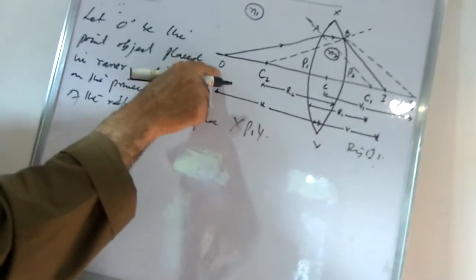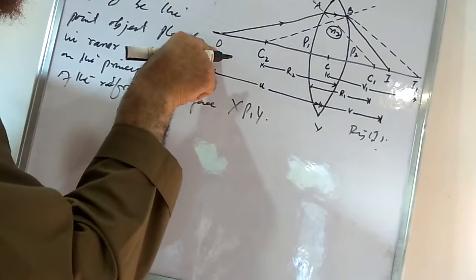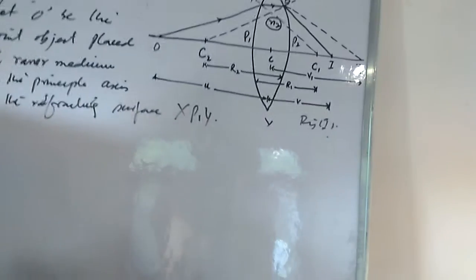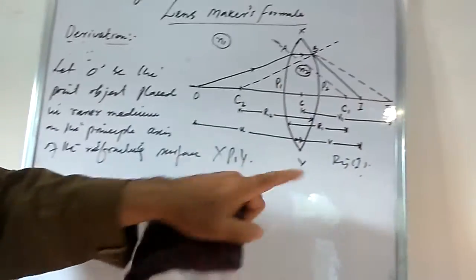Look here, O is the point object lying on the principal axis, placed in a rarer medium. The refracting surface facing the object is XP1Y.